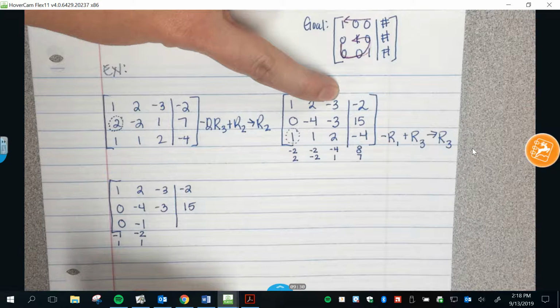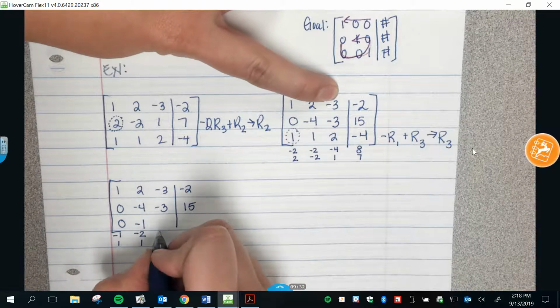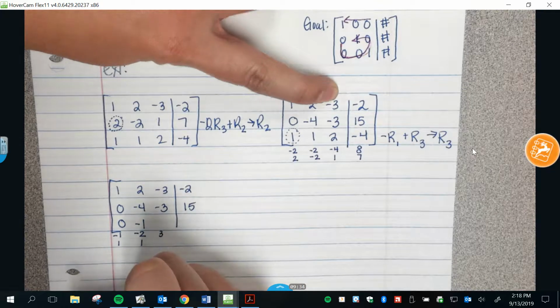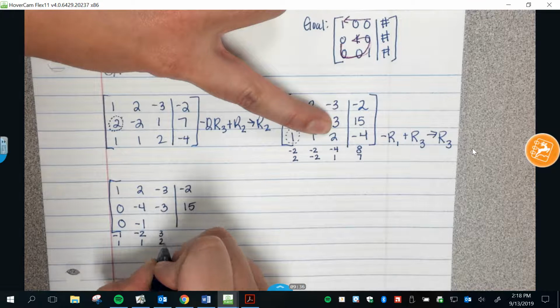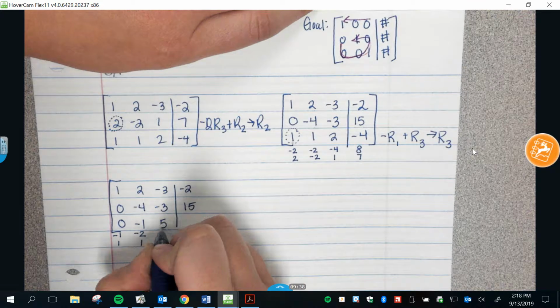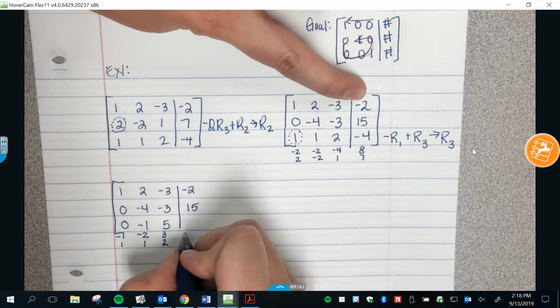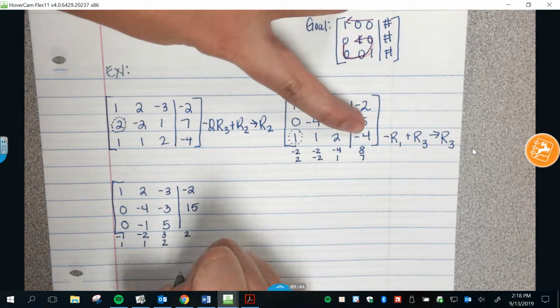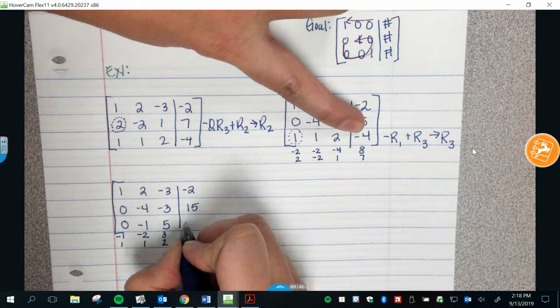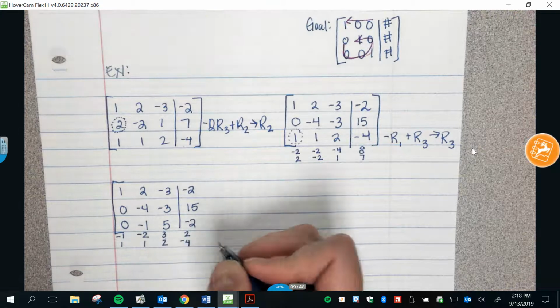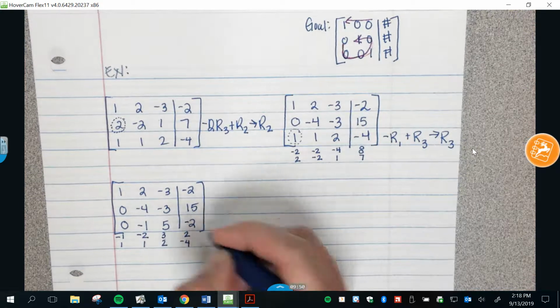Moving along. Opposite row 1, +3, plus row 3. Add these together, 5. Opposite row 1, which is +2, plus row 3, -4. That's -2.